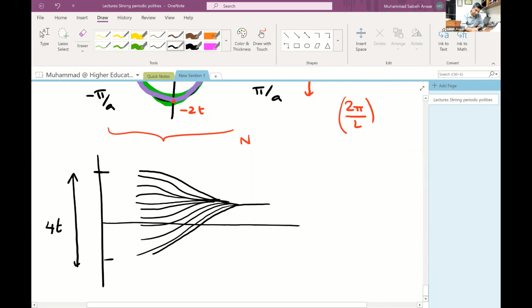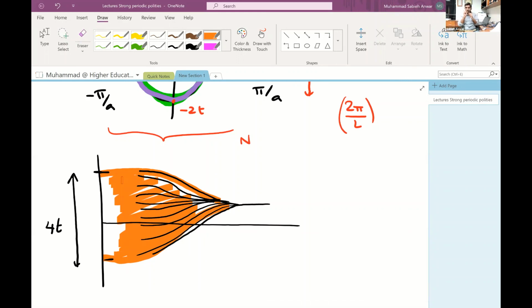So really, this band forms almost a continuous region in which energy levels exist. The spacing between these energy levels that make up the band are really small because the k values are really small. Each k value is separated by 2 pi over L because of the finite size of this chain.